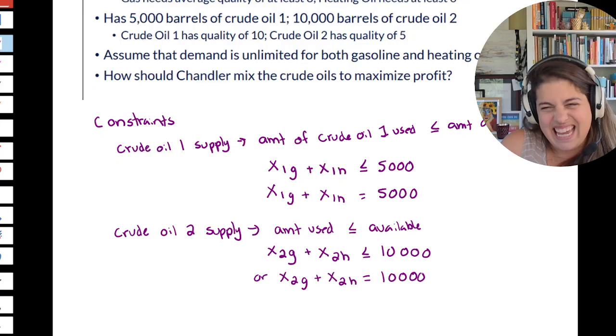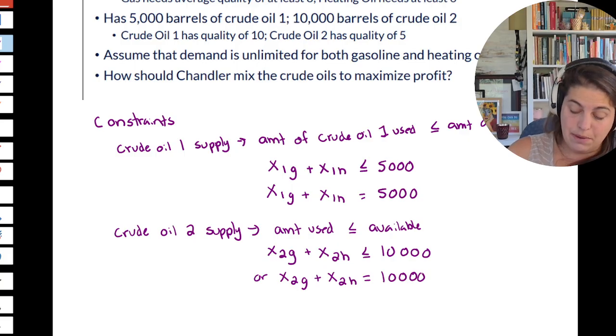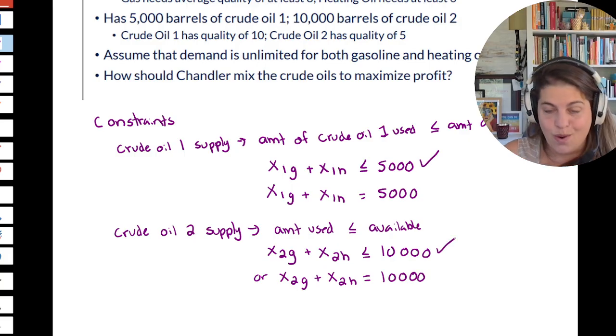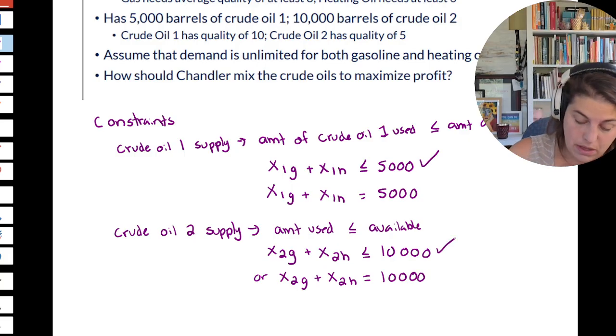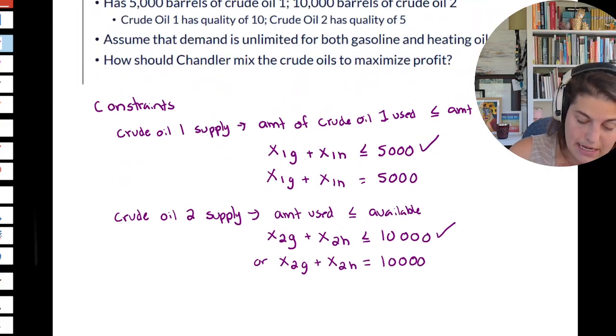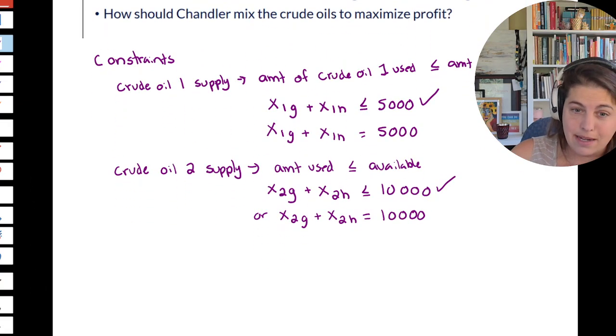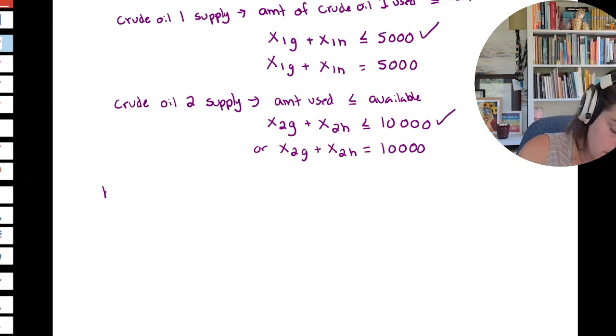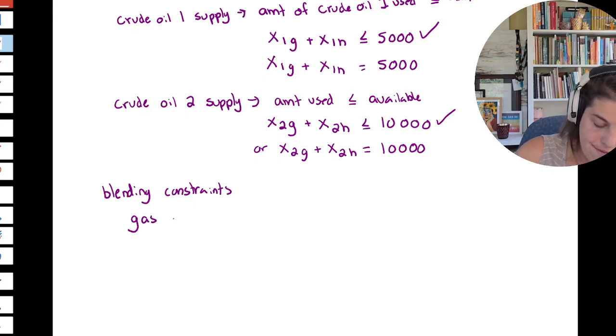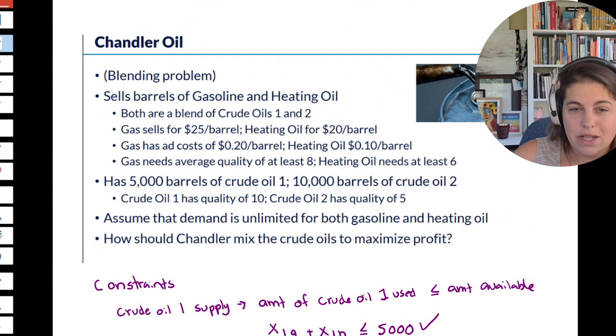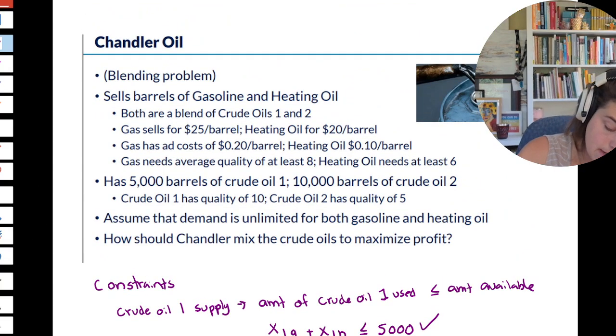Okay? Again, I don't like to over constrain it, so I would always go with the less than or equal to's. But then we get into the blending constraints. And we know that gas has to have this average quality of at least 8.